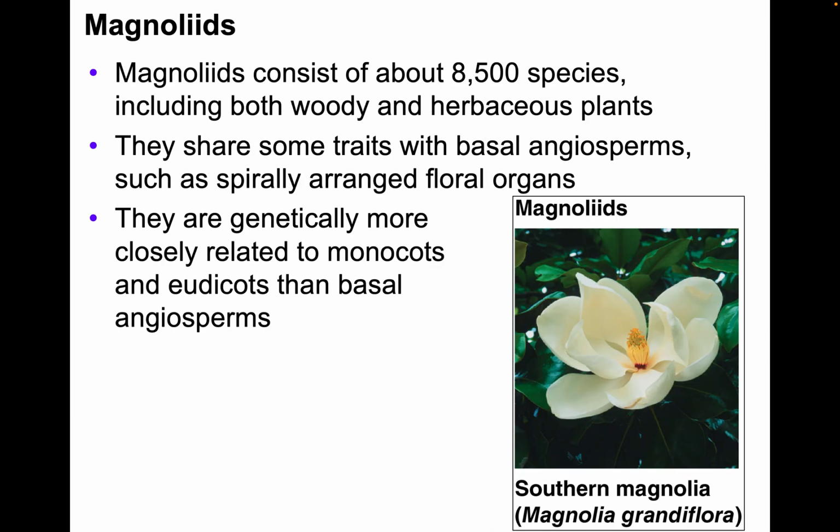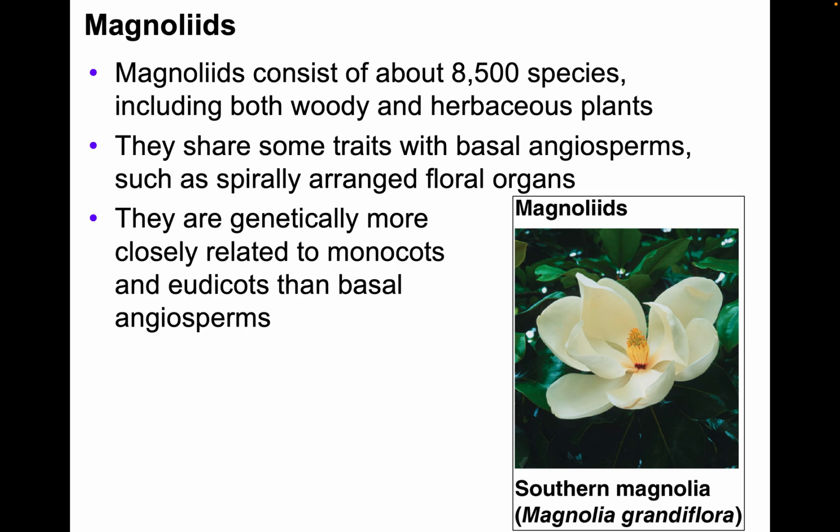Then we have the magnoliids, magnolias. We do use these often in landscaping, so you may be familiar with these very stiff leaves or petals of the flower. Their leaves, their petals, same. They have an interesting orientation of the way they are grown, in a spiral pattern rather than a whorl.